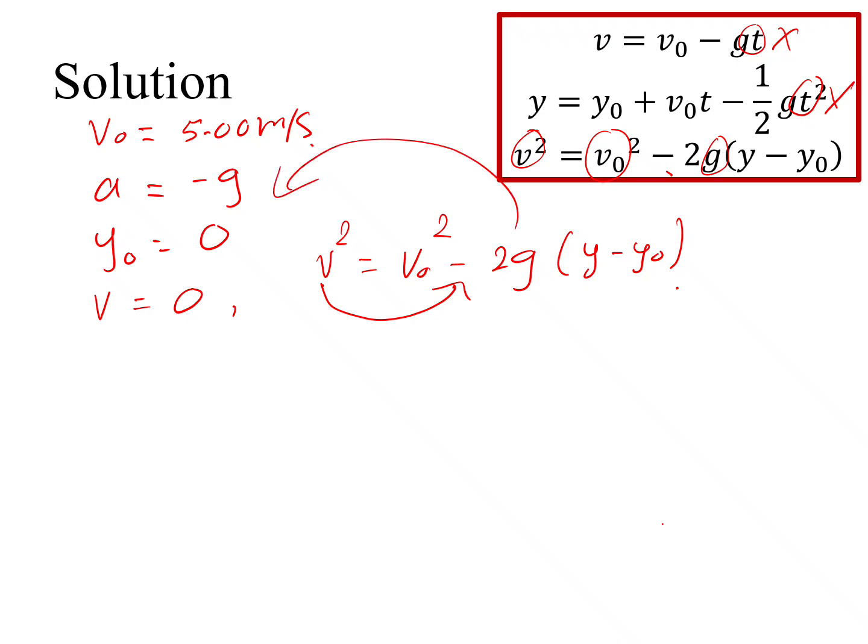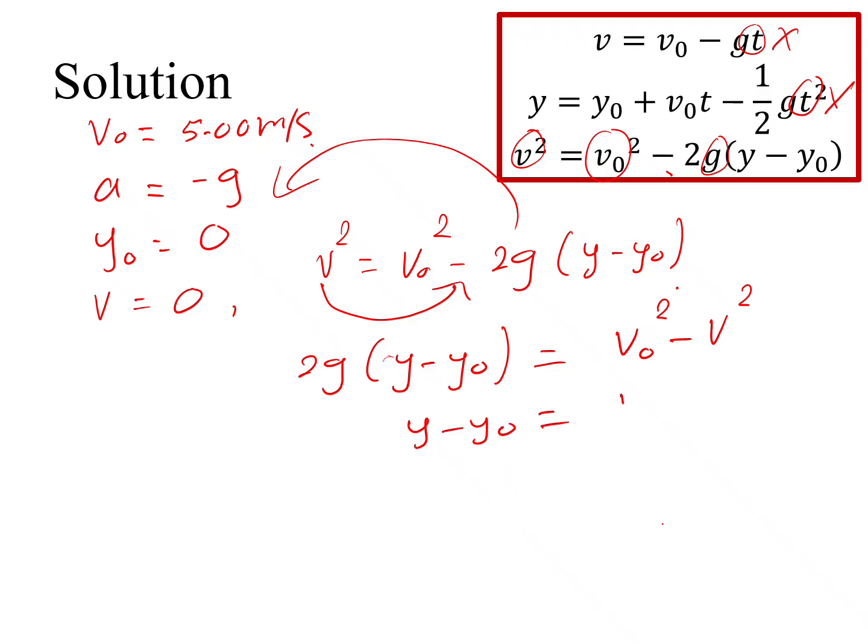So we have 2g (y minus y naught) equals v naught squared minus v squared. Now let's divide both sides by 2g. So we get y minus y naught equals (v naught squared minus v squared) divided by 2g.